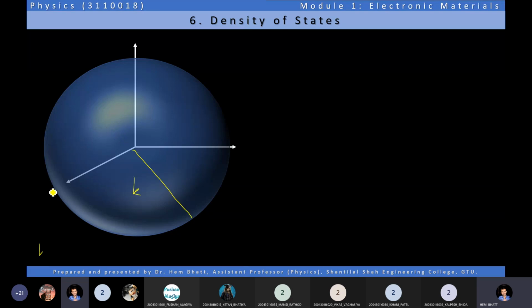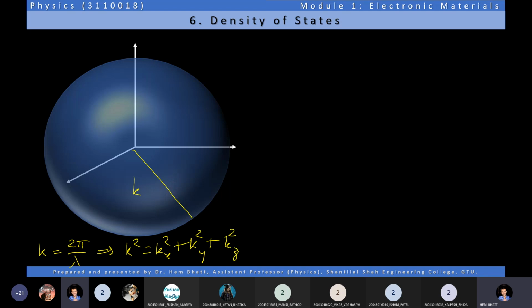Do you know k? What is k? K is 2 pi by lambda, and it is vector, it is wave vector, and k square is given by kx square plus ky square plus kz square.